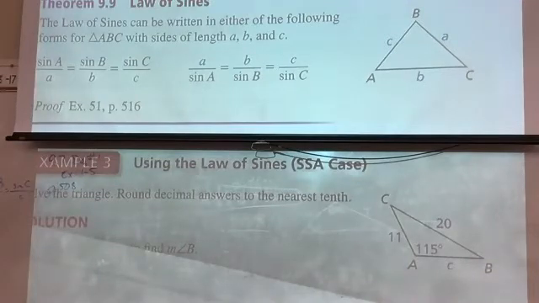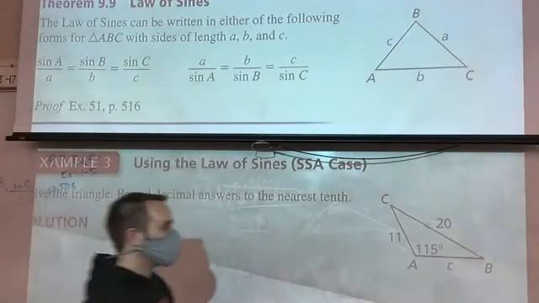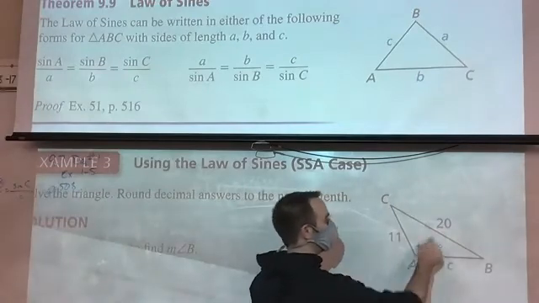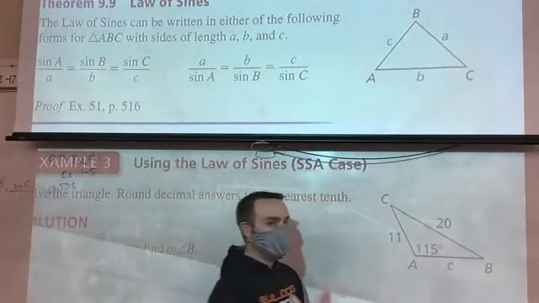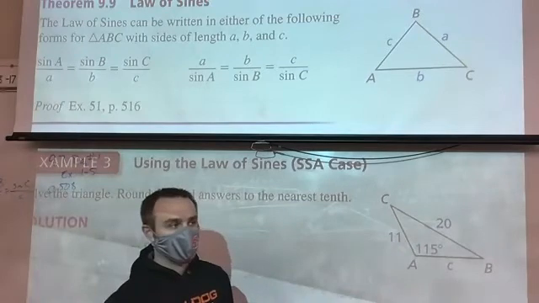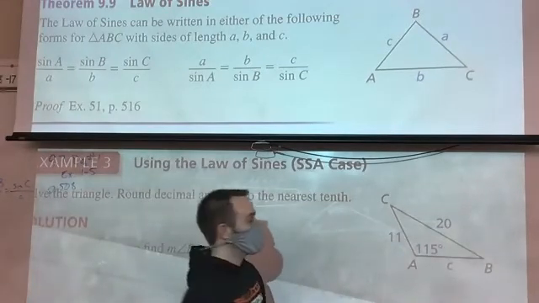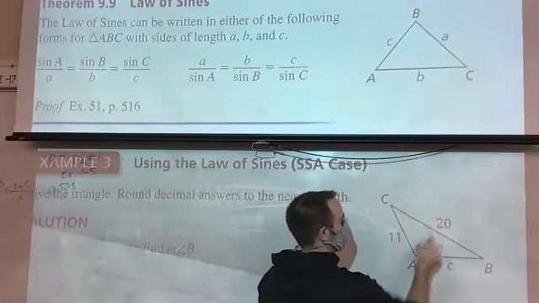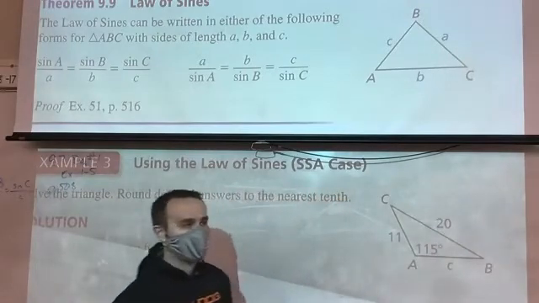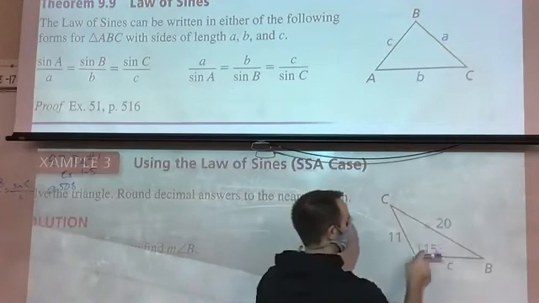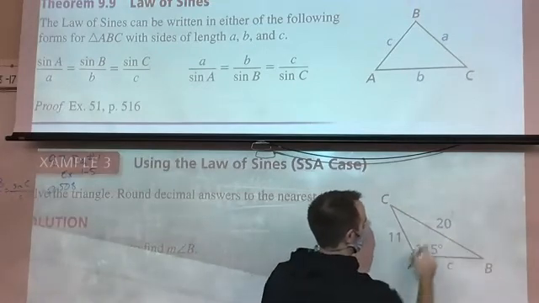So to be able to set up that proportion, we always need one of those fractions that we already know. So what you're looking for is one angle and the opposite side that we know both of. Not that there's a variable for, but that we actually know the value. So that's going to be A and its opposite side. Okay, so we have that information here. We have that combination.